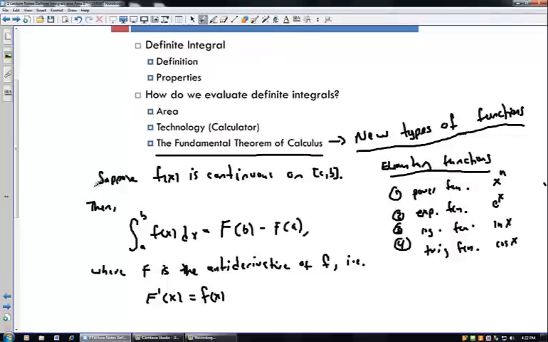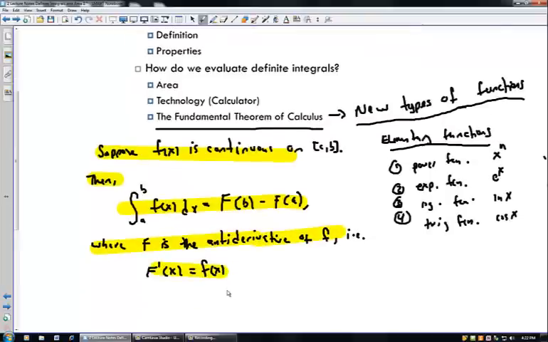So now this is a huge deal. And we're going to talk about why this is true, and it's going to take us a little while. So if you have a continuous function and you look at this definite integral, you can evaluate it by finding the antiderivative of little f. So let me do a quick example right below this so you can see how this theorem works.